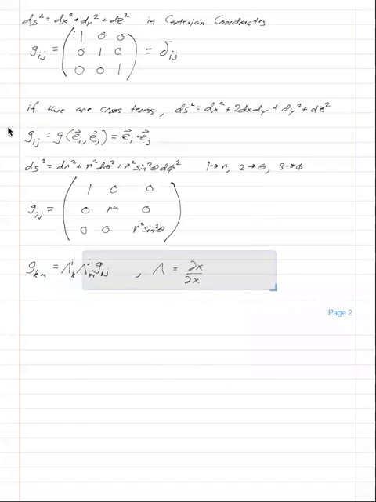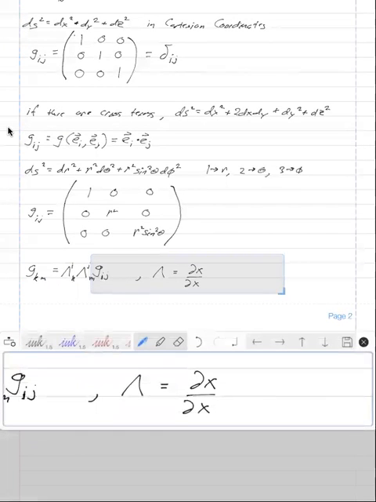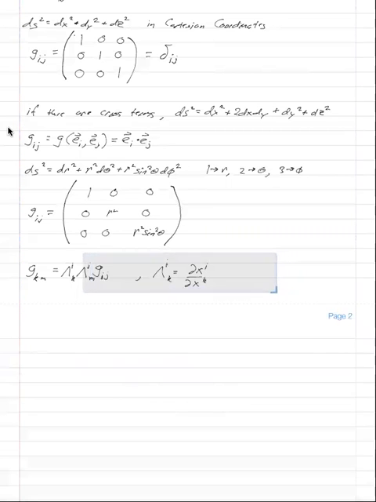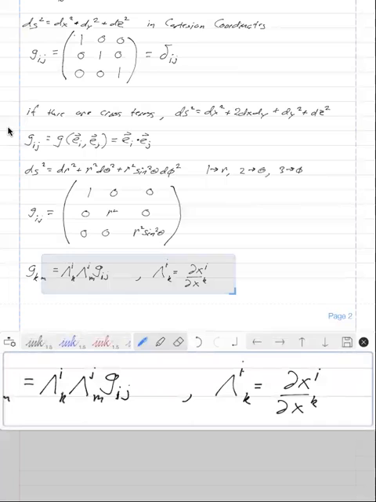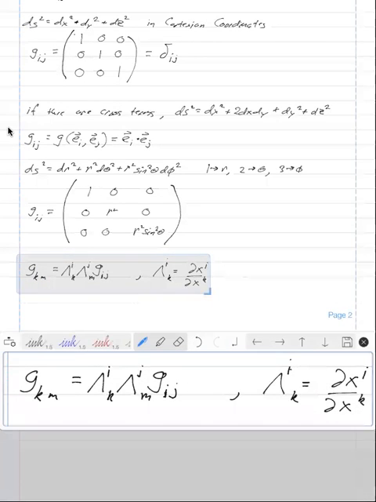All right, so now I'll go ahead and fill in just to complete the definition. We have I, K, and we have I, K. And in this case, I and J might represent the Cartesian coordinate system, and K and M represent the spherical coordinate system. And so we can express the spherical metric in terms of the Cartesian metric.